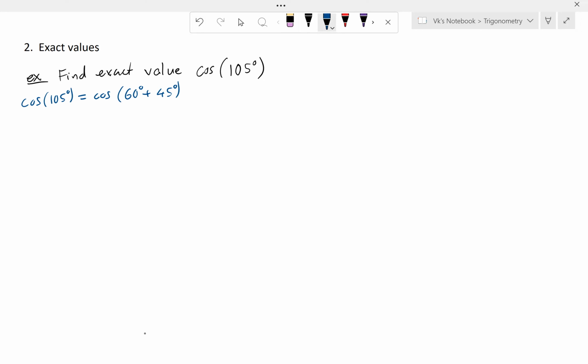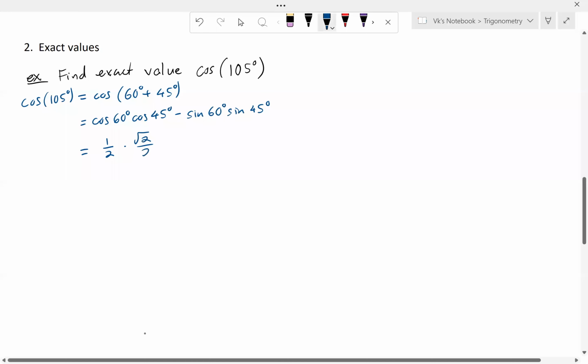Well, that is the sum identity. So it will be cosine of 60 degrees, cosine of 45 degrees minus sine of 60 degrees, sine of 45 degrees. Half times root 2 over 2 minus root 3 over 2 times root 2 over 2. And that gives us 1/4 root 2 minus root 6.